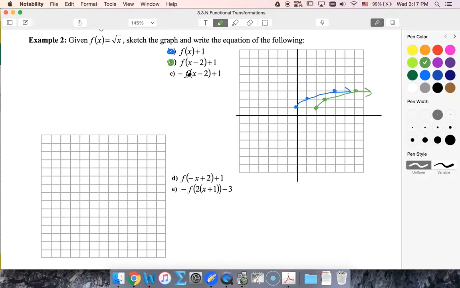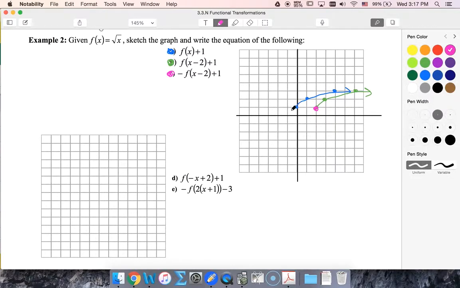Now I'm going to take that and, first, don't be fooled here. I'm not taking this graph and reflecting it over the y-axis. This happens before I move it up. So now I'll take my (0, 0), reflect it so it'll stay there, move it up 1 and 2 to the right.